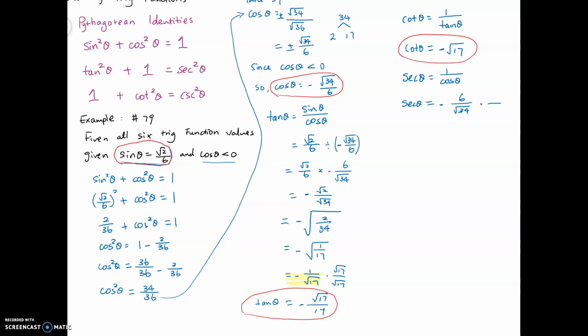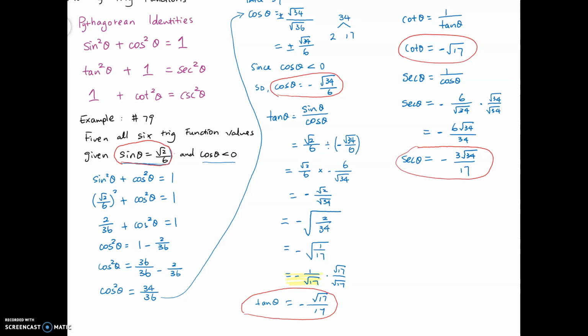So I'm going to multiply by square root of 34, and I end up with negative 6 square root of 34 over 34. 34 is 2 times 17, so I can divide numerator and denominator by 2, and secant theta ends up as negative 3 times square root of 34 over 17.